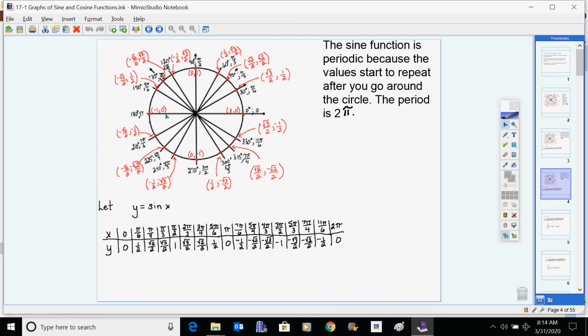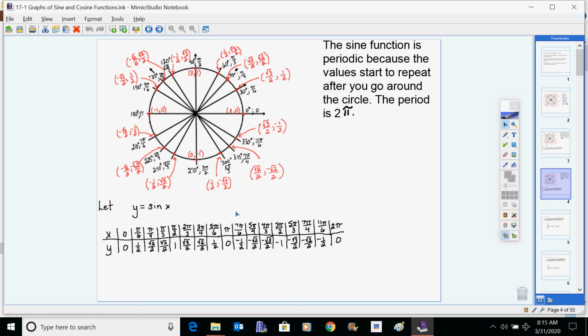At pi, you get 0. At 7 pi over 6, you get negative a half. And so on and so on and so on. As you go around, we have a list of values that includes all of this part of your ordered pairs, as we found when we were finding the sine values by using the unit circle before.